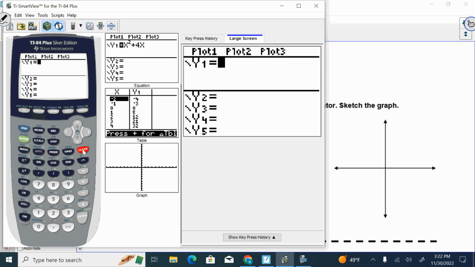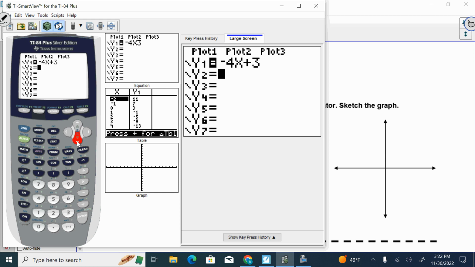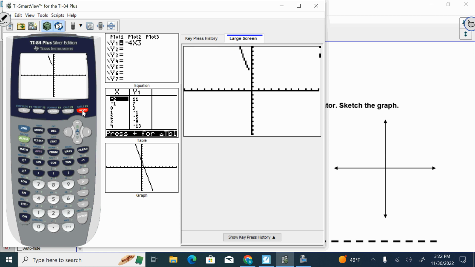So our first equation ended up being y is equal to -4x plus 3. And then in y2, you're going to type our second equation, which was 3x minus 4. Okay? Once you have those 2 equations typed in to y1 and y2, you're then just going to hit graph, and you should be able to see where your lines cross.